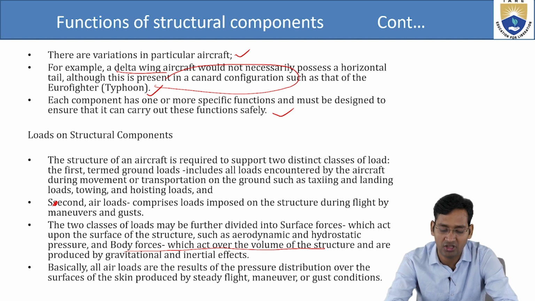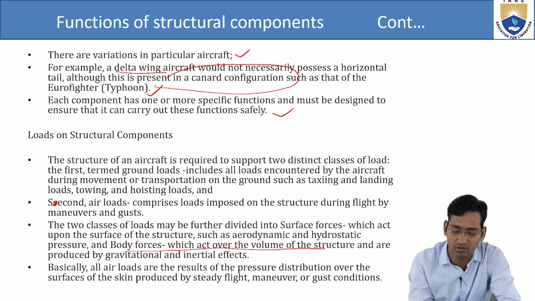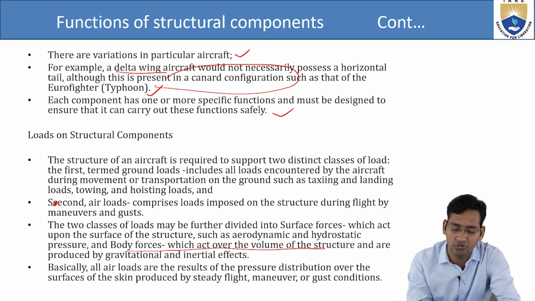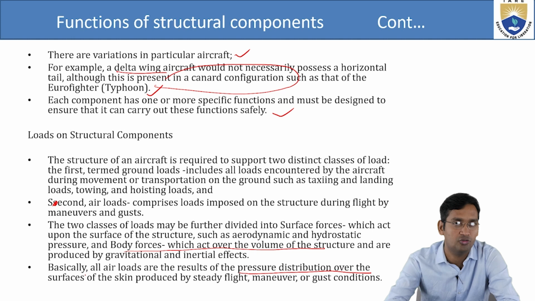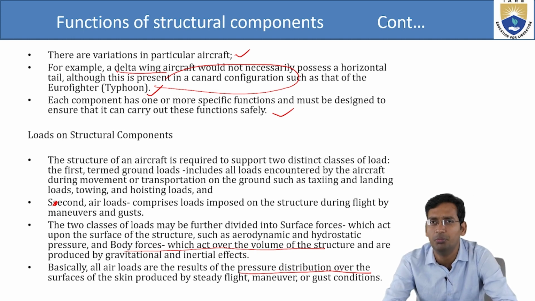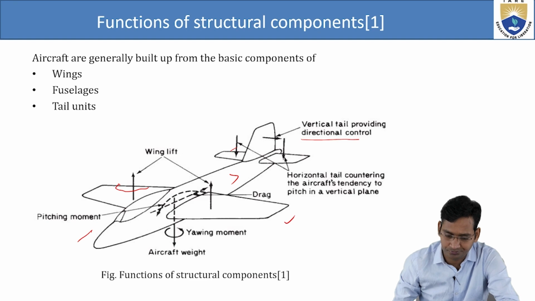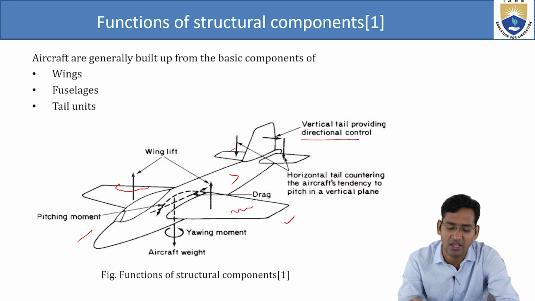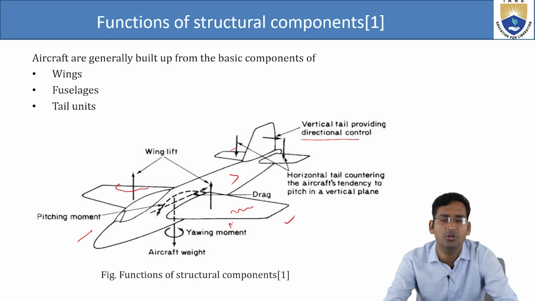Basically, all air loads are the result of the pressure distribution over the surface of the skin. So why is the load acting, and where does it come from? It comes from the pressure distribution over the surface, so almost everything depends on how the pressure is distributed. In a wing, if lift is there, the pressure at the upper surface should be less and at the bottom surface more.